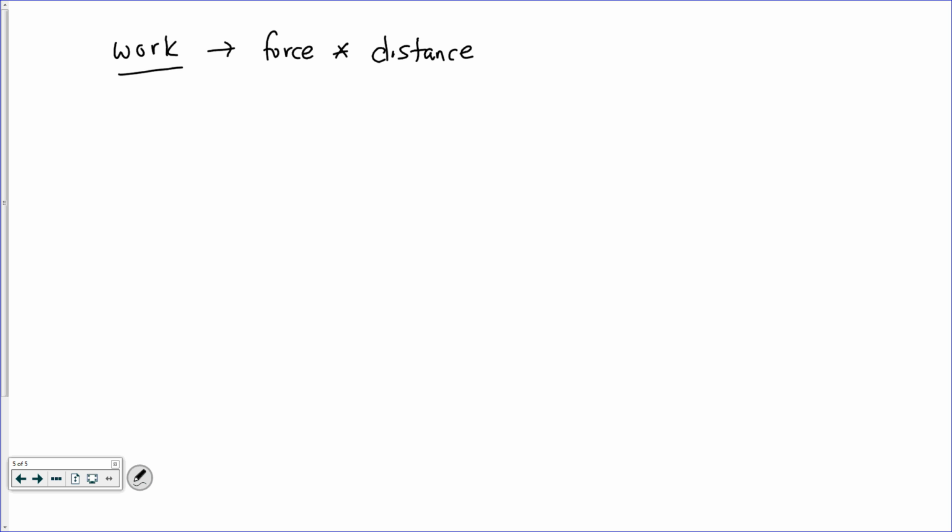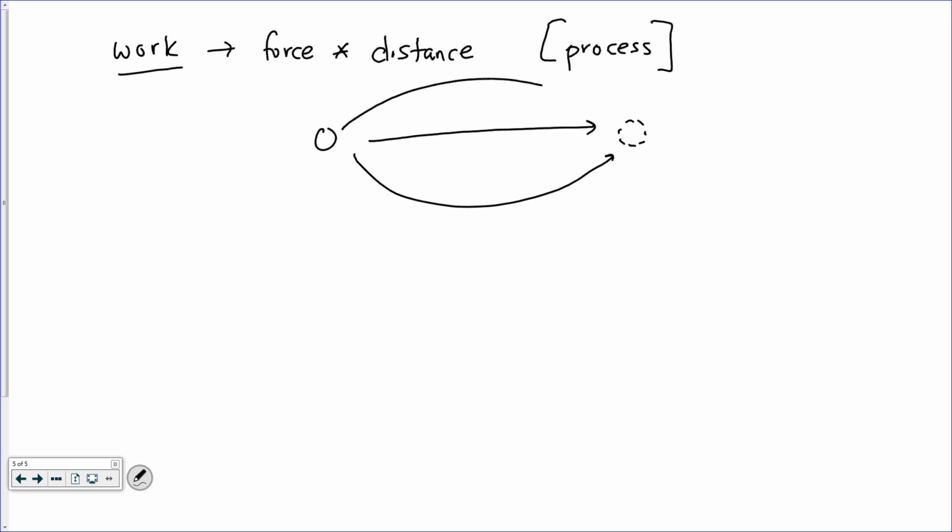That is work, okay? But it has to do fundamentally with a process. It says the ball is here, and at a later time it finds itself over there. How does it do that? Does it go this way? Does it go that way? How much work goes into it, okay? Work has to do with how the object gets from point 1 to point 2.